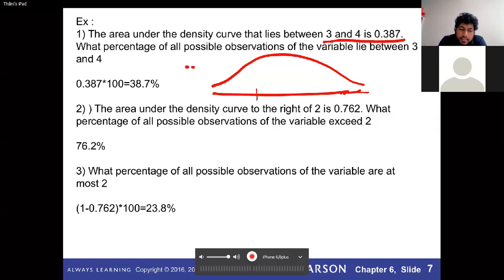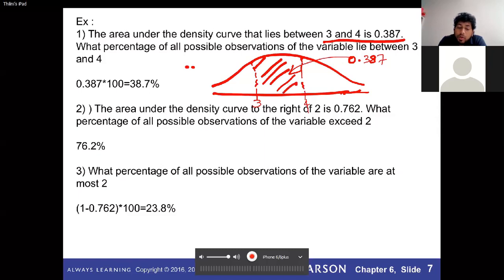3 is somewhere here, 4 is somewhere here. They have given that in between 3 and 4 this area is 0.387. What percentage of all possible observations of the variable lie between 3 and 4?